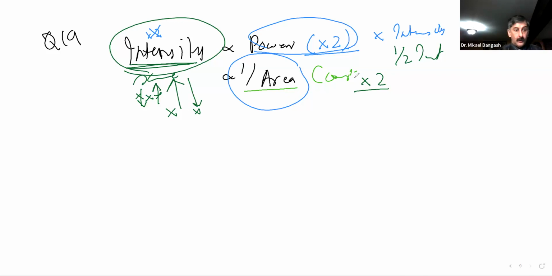Or let us do it this way, guys. It's probably much easier. Let's say we have an intensity of 2 watts per centimeter squared.